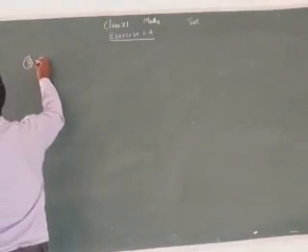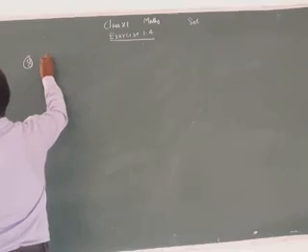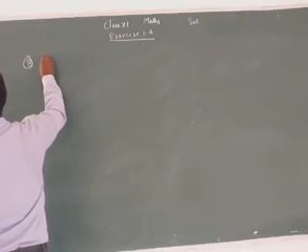Question number 8. Which of the following pairs of sets are disjoint sets?